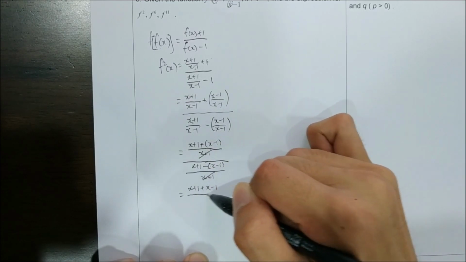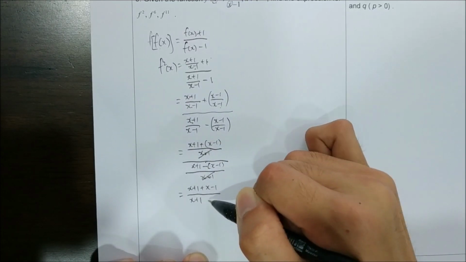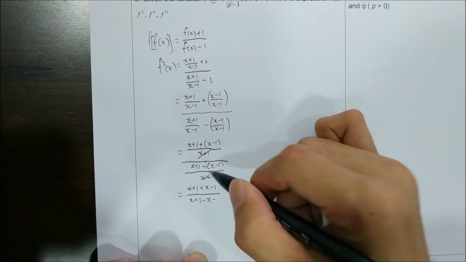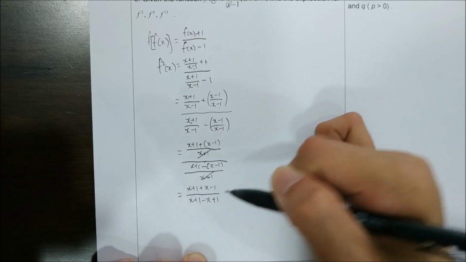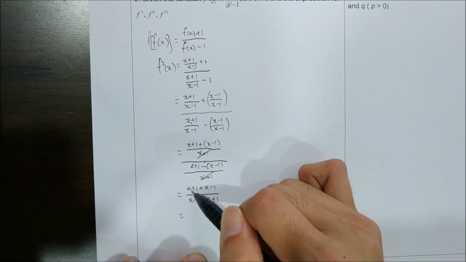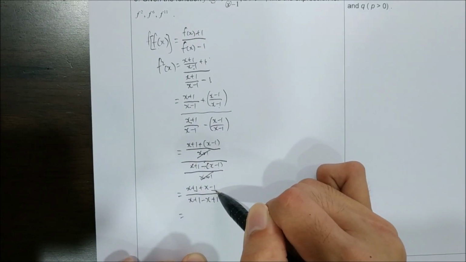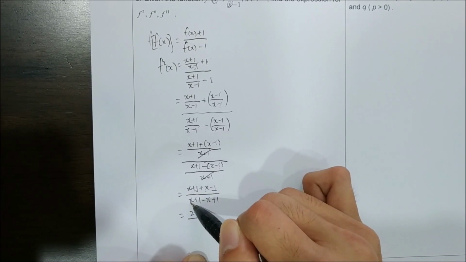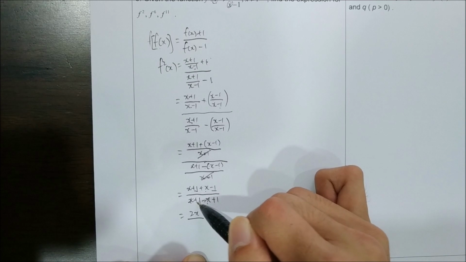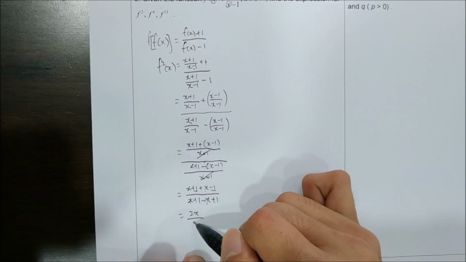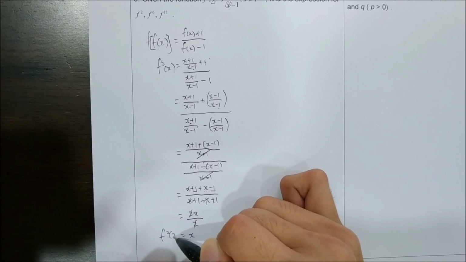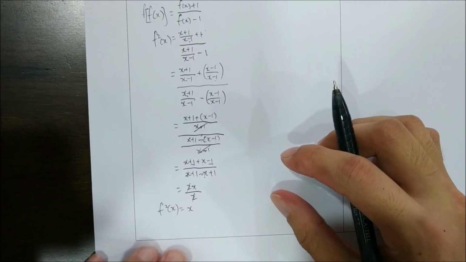And then from here you have x plus 1 minus x, minus negative becomes positive plus 1. Plus 1 and the minus 1 cancel each other off, so you get x plus x, which is 2x. x and x cancel, plus 1 you have 2. 2 and 2 cancel, you get x. So f^2(x) is actually equals to x.